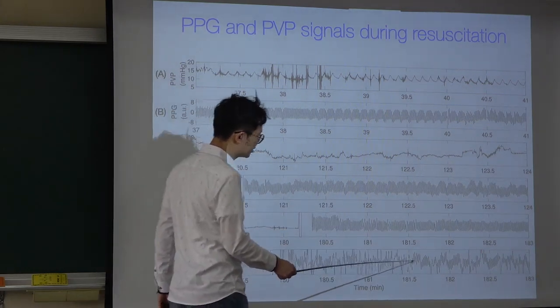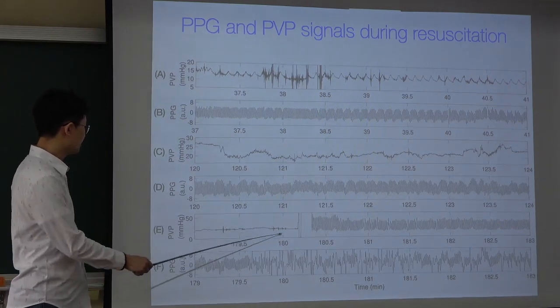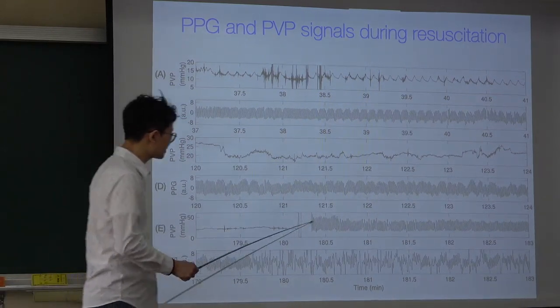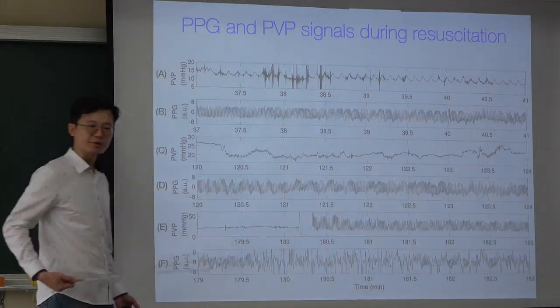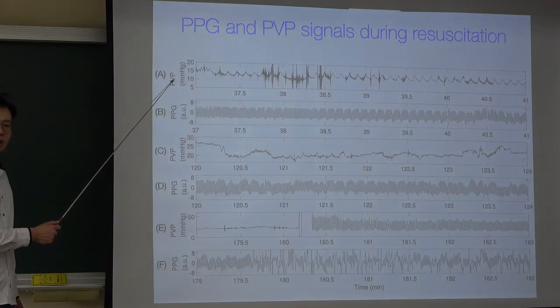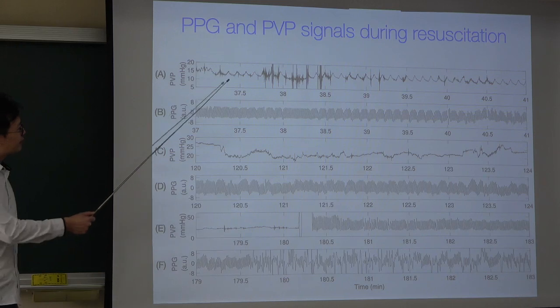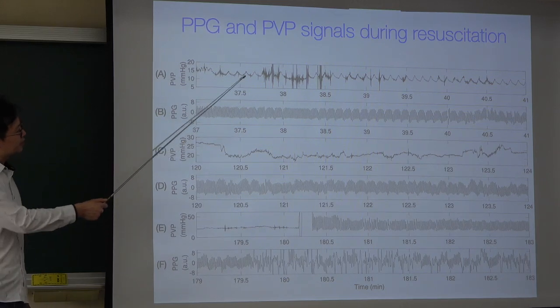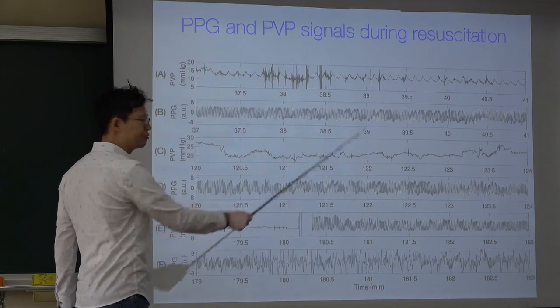What is included inside is hard to say. The PVP signal is very difficult, but then suddenly it becomes weirdly smooth. So you can see the two signals. One is from venous pressure, one is from blood volume. They are both monitoring your hemodynamic system, but they can have very different behavior.